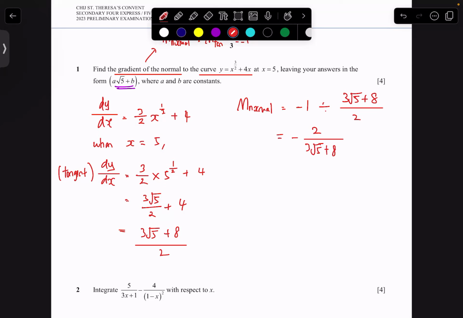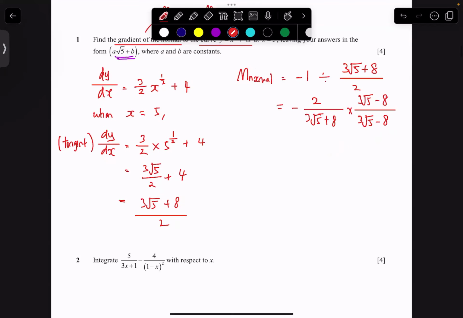Now we cannot have a surd as a denominator, so we want to rationalize it, because the question wants us to leave it in the form a root 5 plus b. So I'm going to multiply by 3 root 5 minus 8 over 3 root 5 minus 8, because this is a conjugate surd.